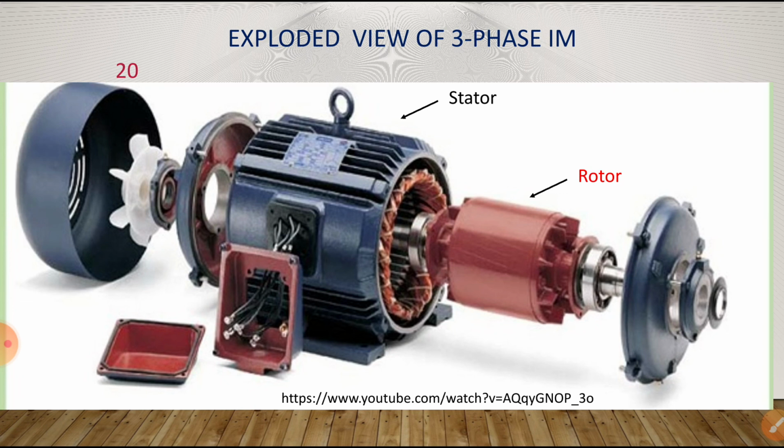AC machines are also classified into synchronous machines and asynchronous machines. The asynchronous machines are induction machines. Here the induction motor can also be used as an induction generator. The best example is windmills.